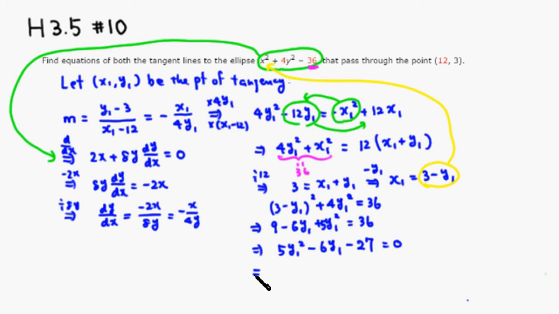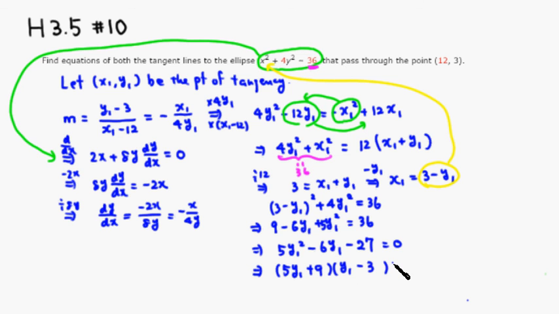Then if you factor this, it's going to be (5y1 plus 9) times (y1 minus 3). That works: negative 3 times 9 is negative 27, and 5 times negative 3 is negative 15, plus 9 is negative 6.